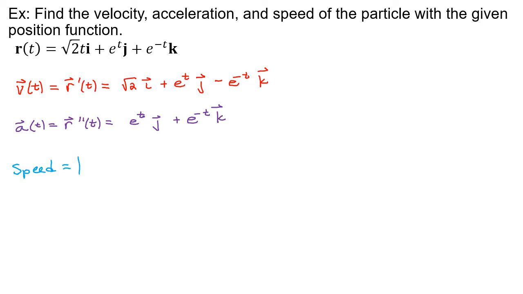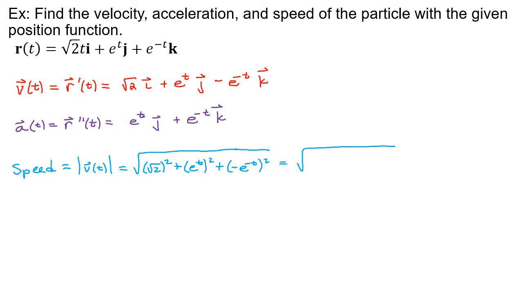My speed, now notice this is not at a particular point, this is just in general. So that is the magnitude of the velocity. I would do the magnitude of the velocity as the square root of the square root of 2 squared, e to the t squared, and negative e to the negative t squared. In fact, if you remember from the previous section, we did this exact thing. This is 2, e to the 2t, and e to the negative 2t, and I said you might notice that this factors.